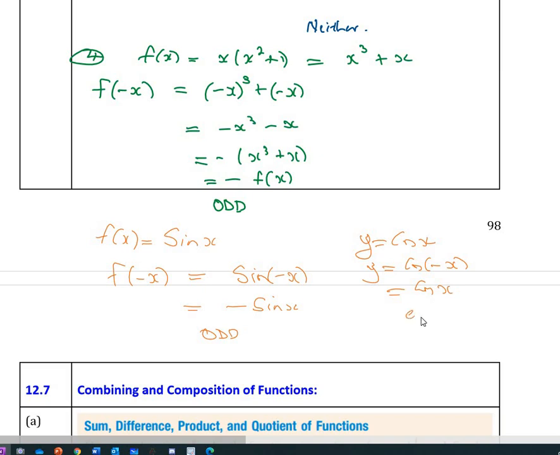So this is even. So cos is even and sine is odd. Cos is an even function, sine is an odd function. All right. So these are now the ways to see whether a function is even, odd, or neither.